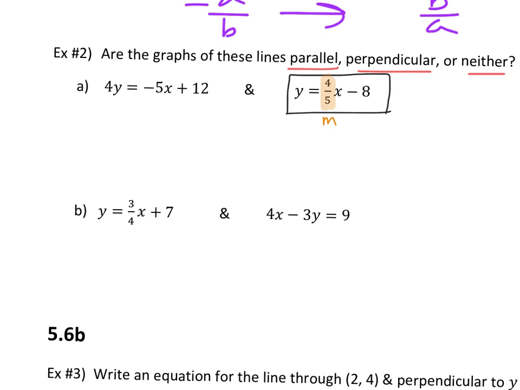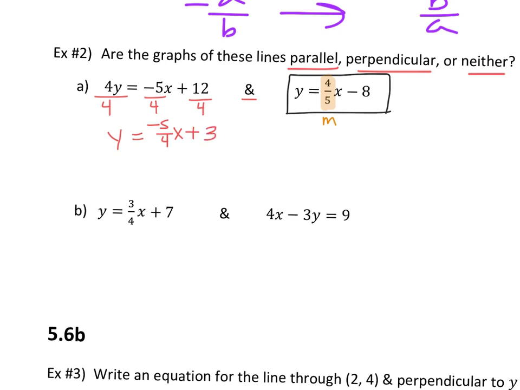We're looking right here, this is problem A. So if you divide by 4 and you divide by 4, remember you have to divide by 4 everywhere. So we end up with y equals negative 5/4 times x plus 3.